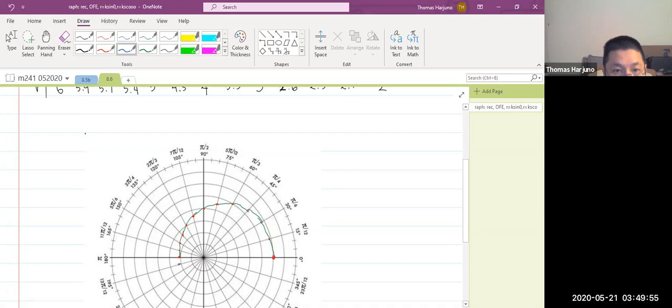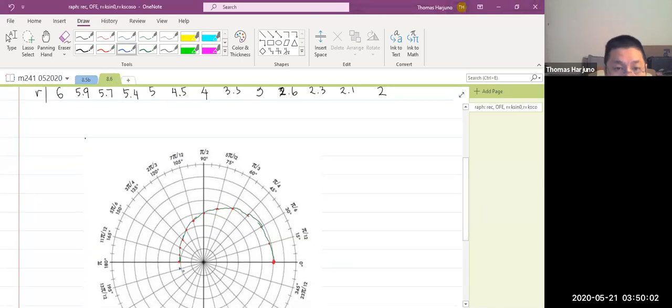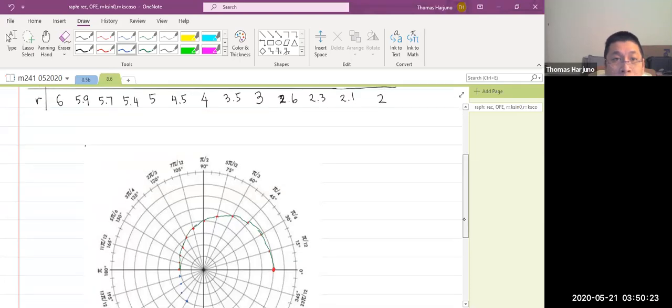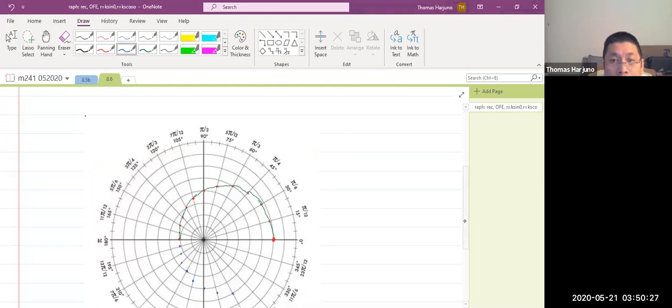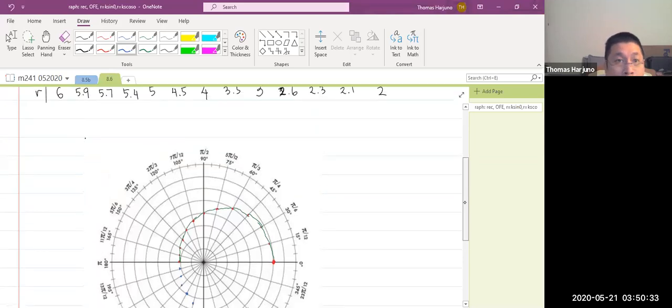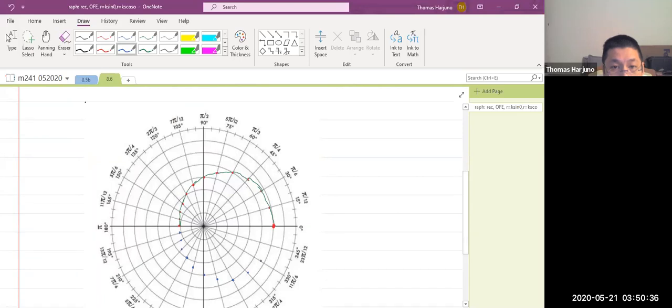So 2.1, and then 2.3, 2.6, 3, 3.5, 4, 4.5, 5, and then 5.4, 5.7, 5.9, and then that one.